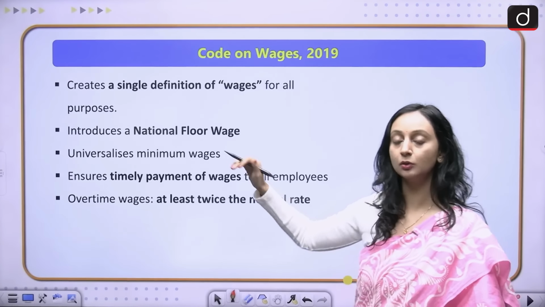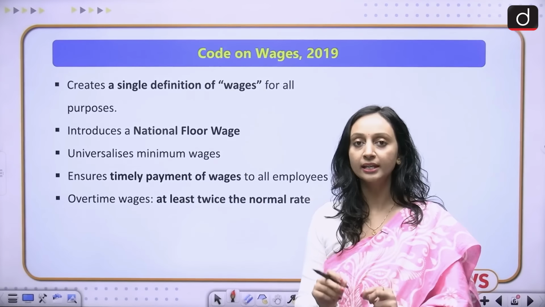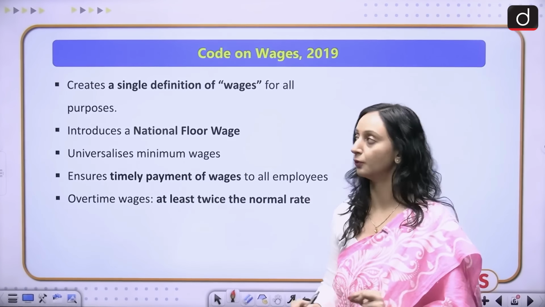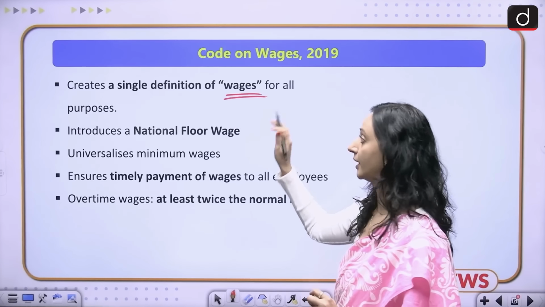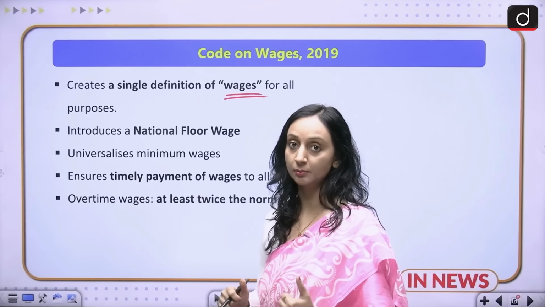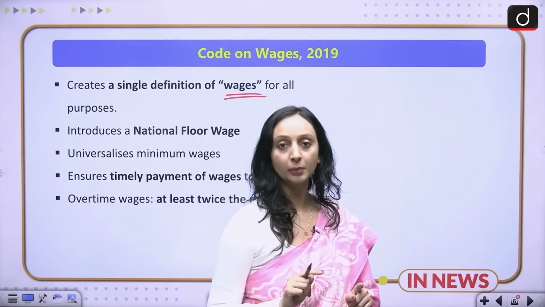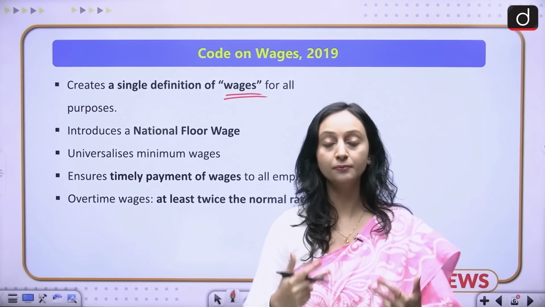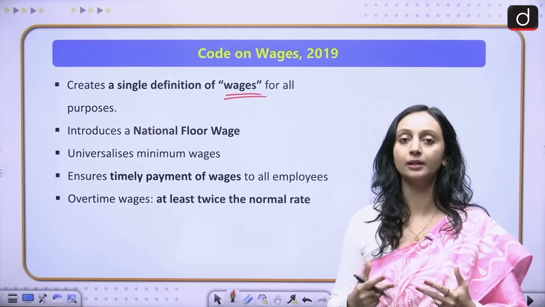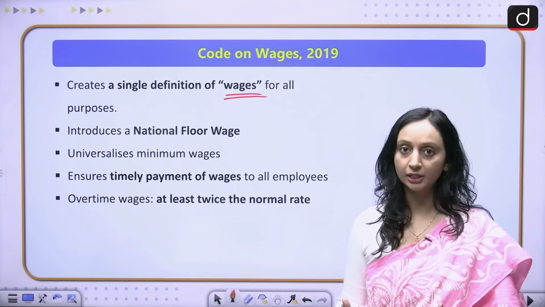So what is happening in the Code on Wages? The most important thing that has come up is that a single unified definition for wages has been provided for all purposes. So as I told you, labor is a subject of the concurrent list. Both the central government as well as the state governments could make laws on this, and because of this different states used to have different definitions of wages, and that is why it became difficult for various calculation purposes.